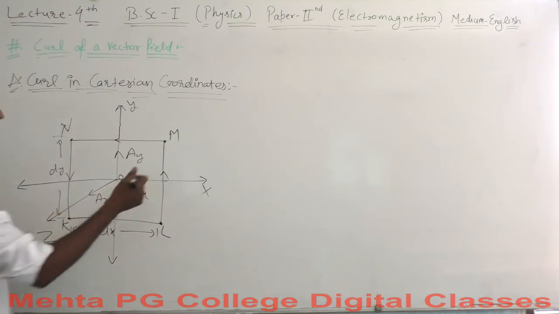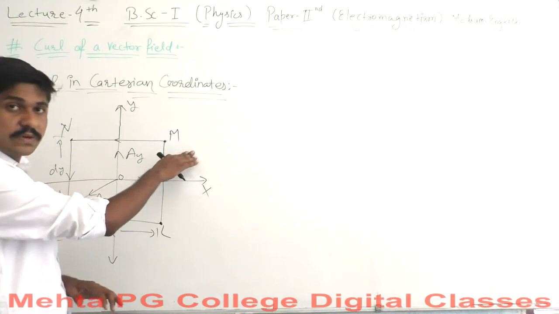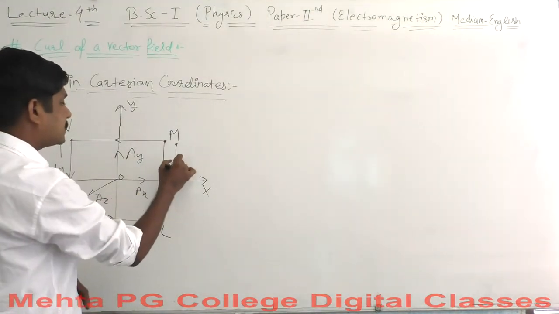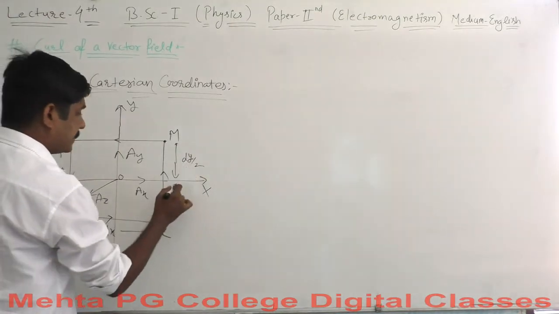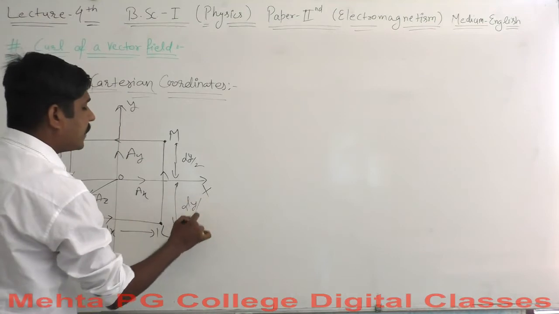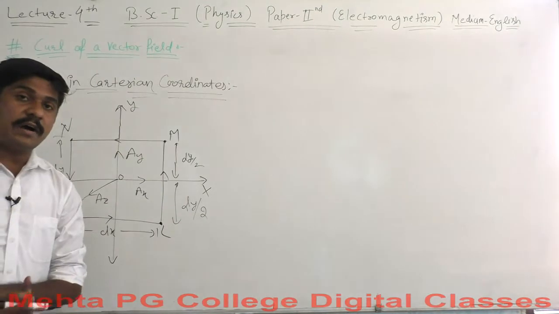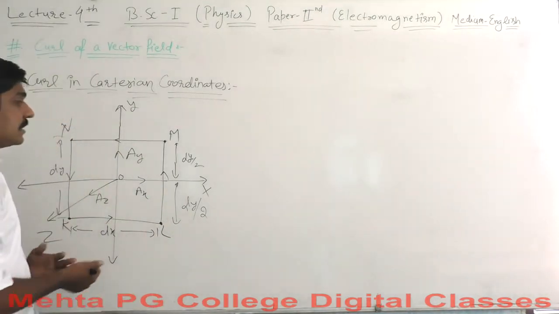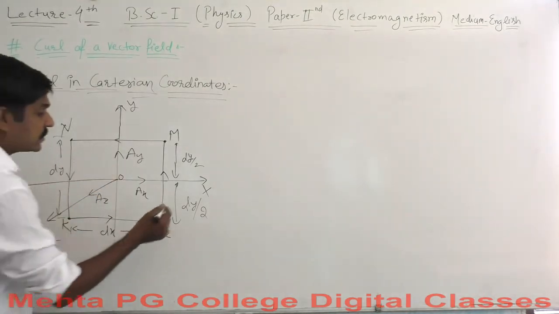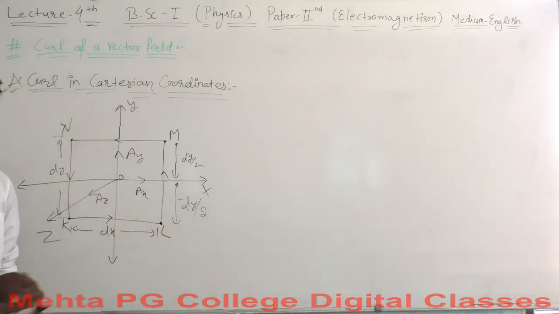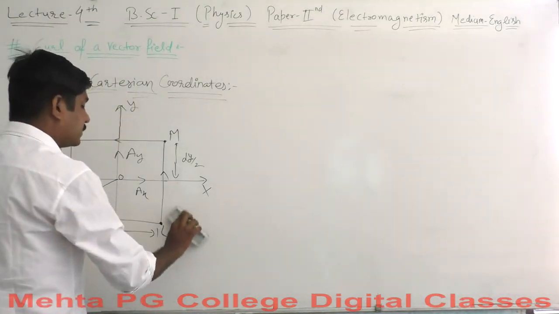So here this is dy by 2 and this is again dy by 2. So these two will give you dy for your reference. Or if this is for the negative y-axis, then it is minus dy. We will need it further, but I don't think we need it right now.